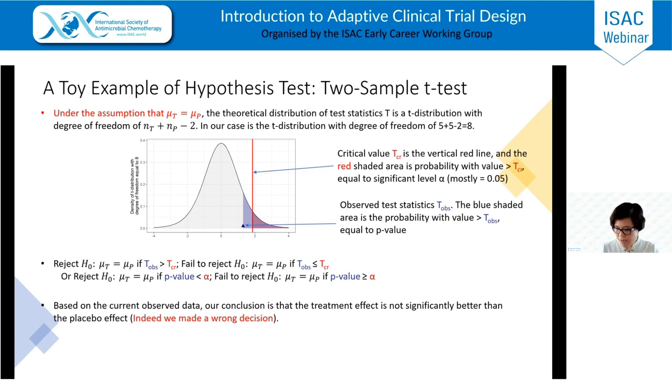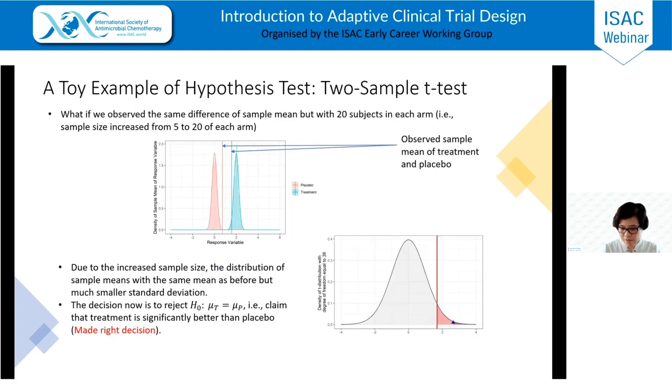This is the case with each arm of 5 subjects. Now, assuming we have the same sample mean difference as before, instead of 5 subjects per arm, we increase to 20 subjects.